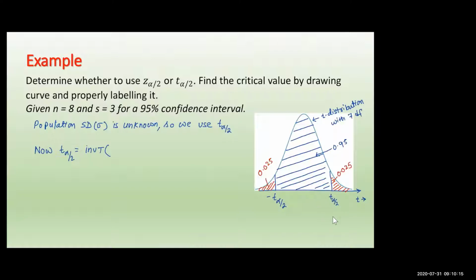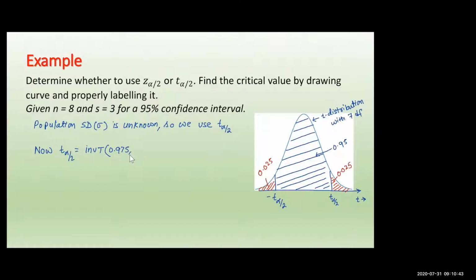Here we have 95% in the middle and here we have 2.5%. 95 plus 2.5 is 97.5, or 0.95 plus 0.025, which is 0.975.